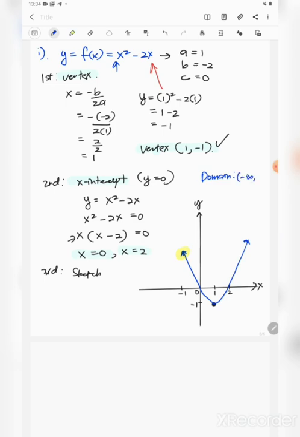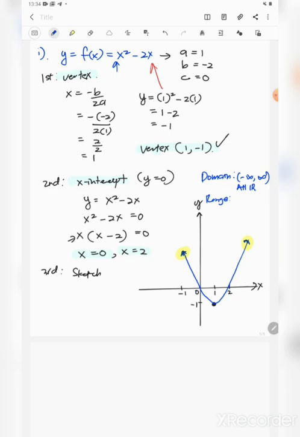And how about the right side of the graph? The graph will always go to the right side, which means there is no limit for the arrow. So that's why for the domain there will be positive infinity. Or you can write it as all R. Okay, or all R. How about the range?